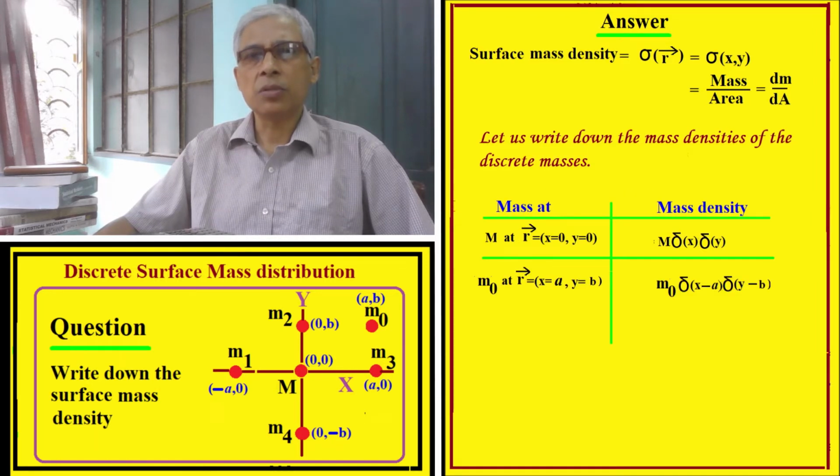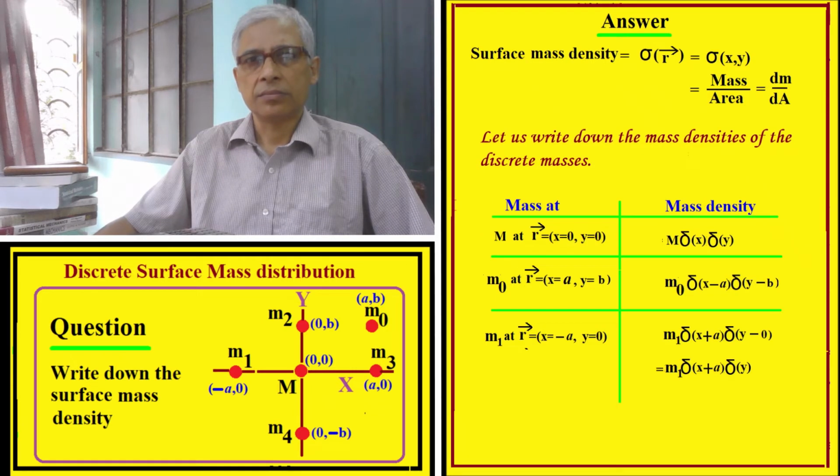Then we come to the mass m0 located at x equal to a, y equal to b, and so the arguments of the two Dirac deltas will be x minus a and y minus b respectively, as you can see in the right column.